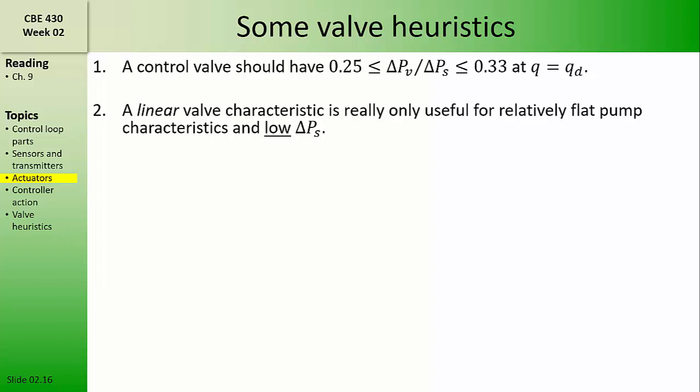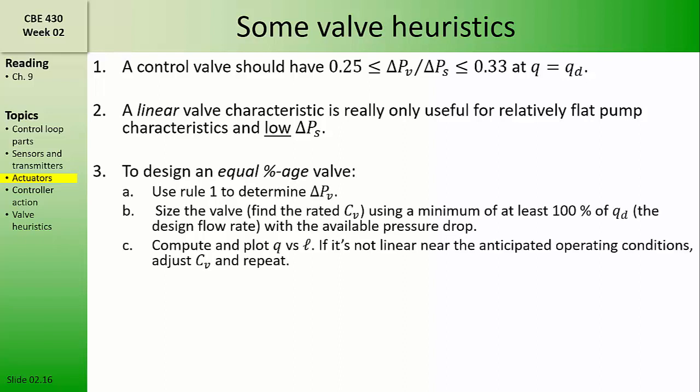A linear valve characteristic is really only useful for a relatively flat pump characteristic and low delta P across the rest of the system. To design an equal percentage valve, first use Rule 1 to determine an approximate delta P across the valve. And then size the valve, that is, find the rated CV using a minimum of at least 100% of the design flow rate with the available pressure drop.